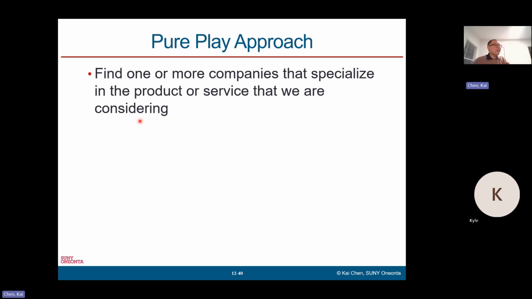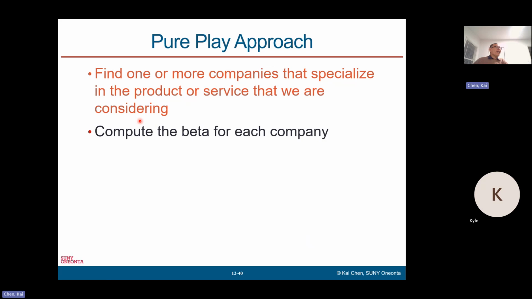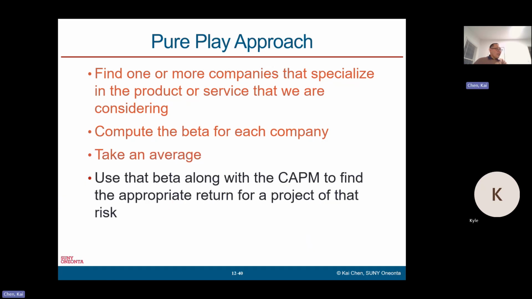Then we can compute the beta for each company, take an average, and use this average beta along with the CAPM to find the appropriate return for the project over that risk.